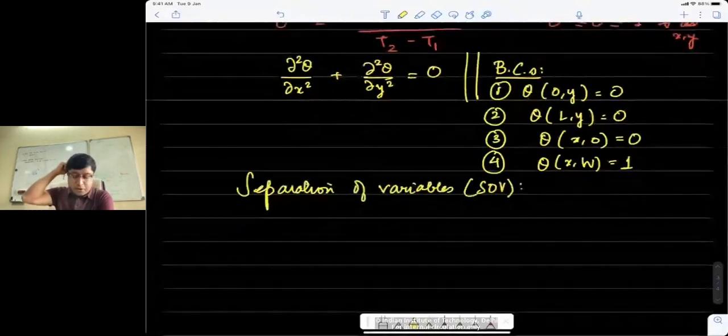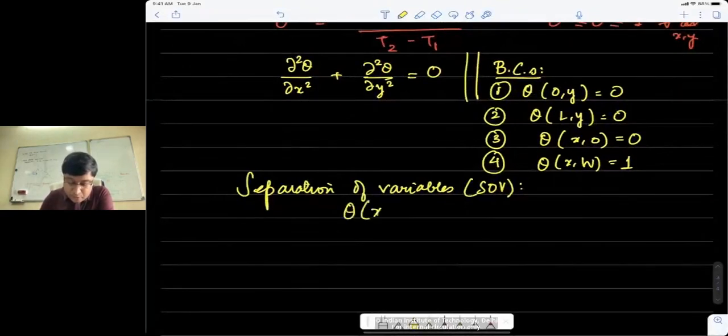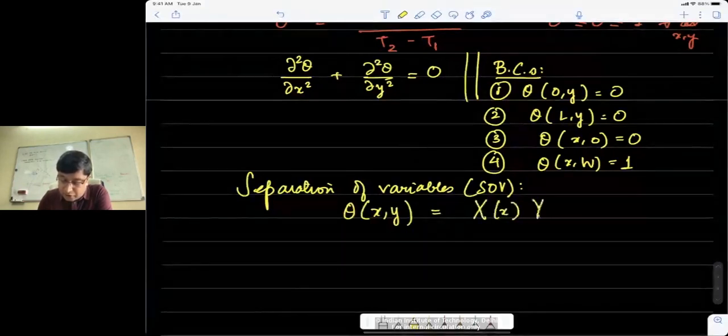The method is quite easy to understand, but the basic sense is I assume whatever variable I'm trying to work out, let's say it's a function of x comma y in this case, can be split up into that many functions in those space variables, each only dependent on one space variable. So for instance, I can write theta of x comma y as a function of x and a function of y: capital X, which is a function of x, and capital Y, which is a function of y.